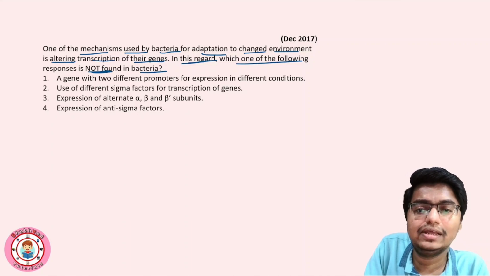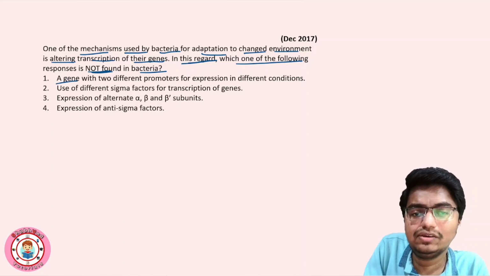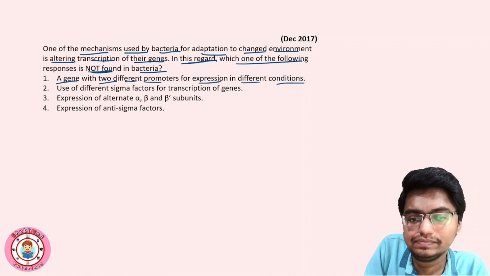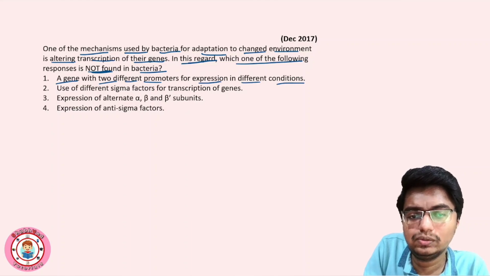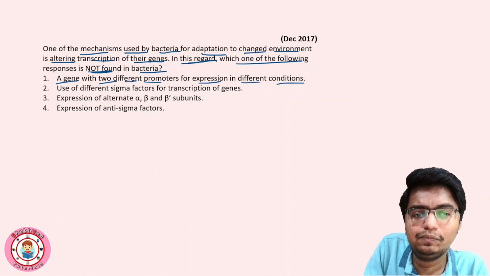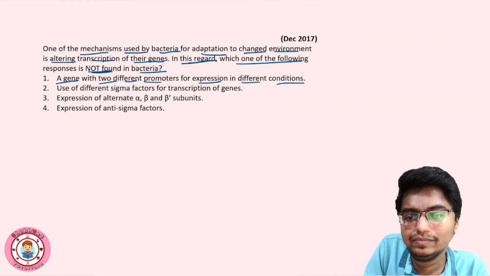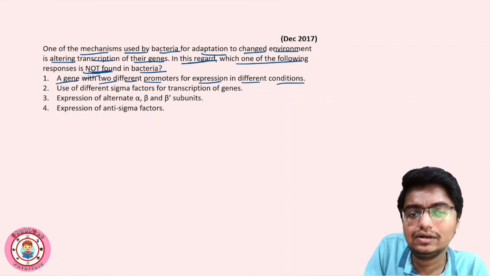Option 1, a gene with 2 different promoters for expression in different conditions. Why not possible? So this is correct. We have to find the not found one, the incorrect statement, so this can happen.